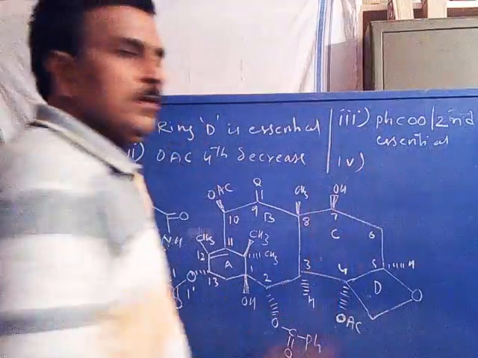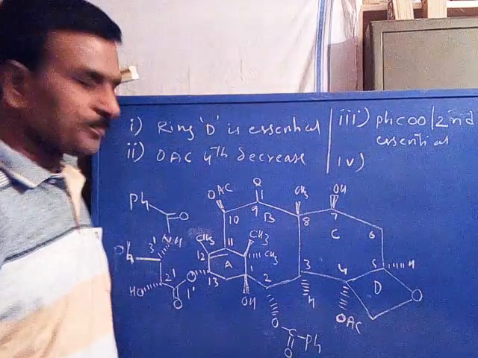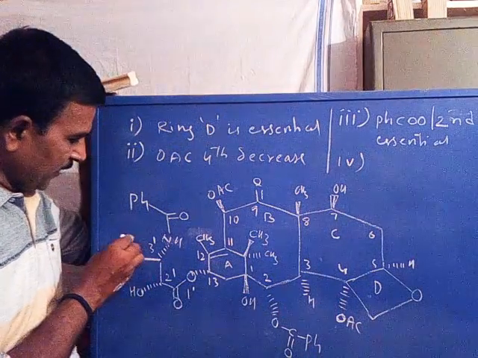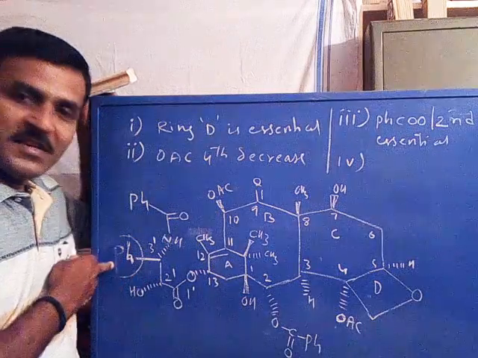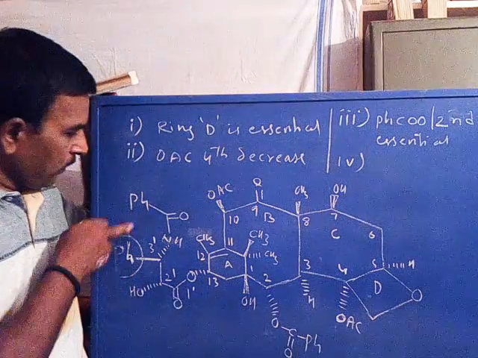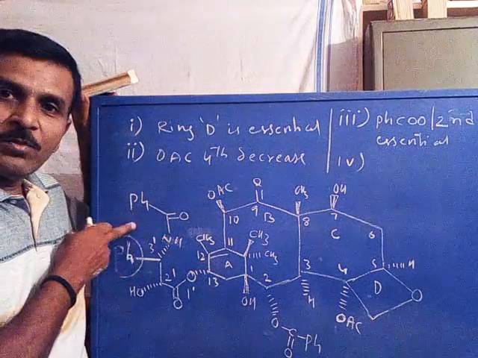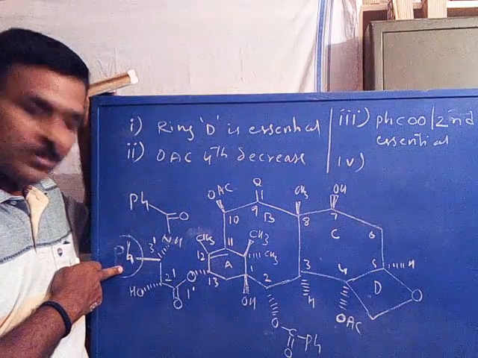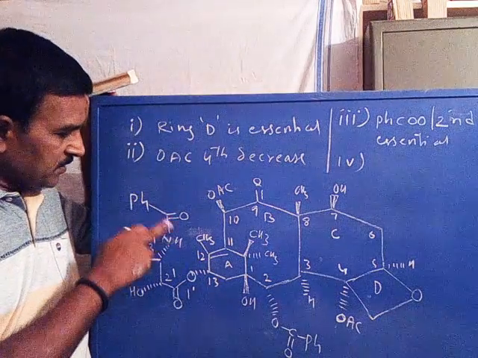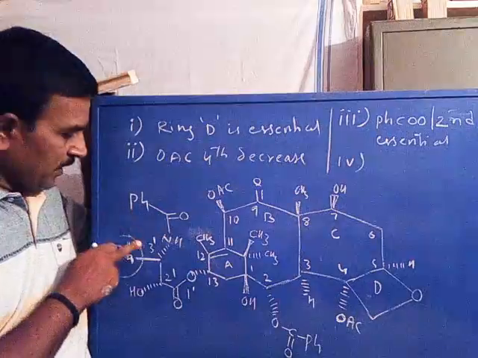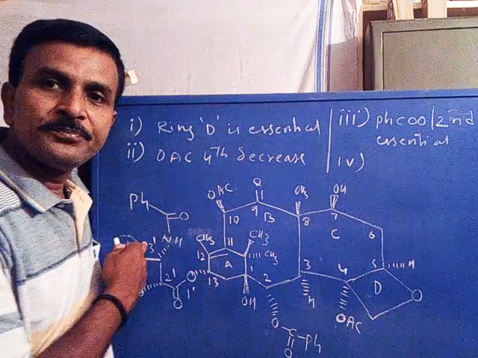Now the fourth one, presence of this phenyl group and presence of amide group. This is Ph group. Now this is NHCOPh amide group at 3' carbon.